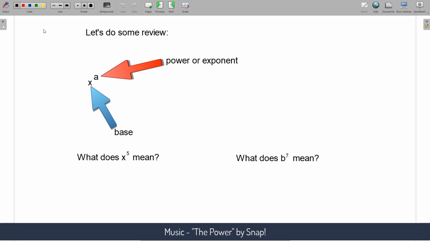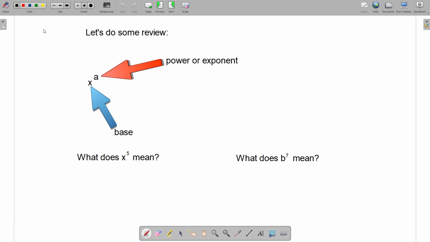Let's start with reviewing what a power is. A power is a number or variable that is raised to some exponent. So when we write x to the fifth, that means that we are multiplying x by itself 5 times.